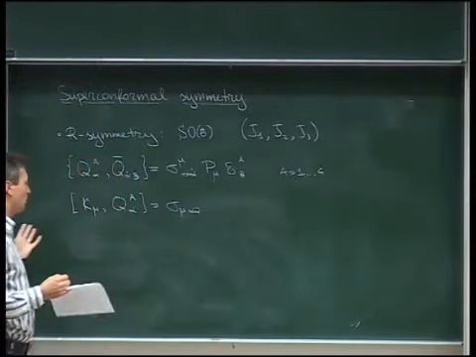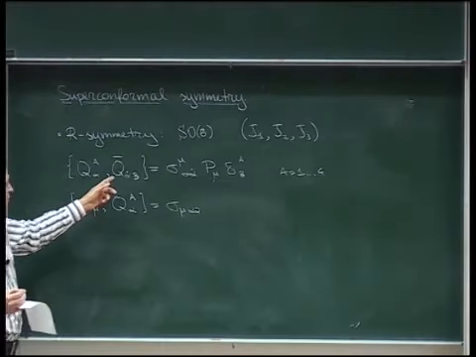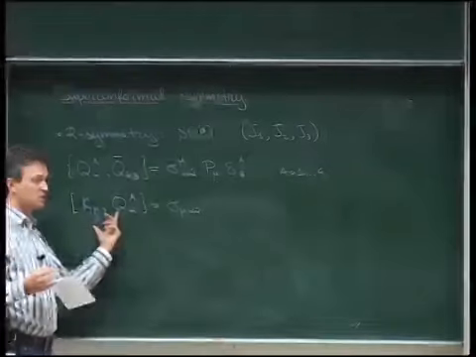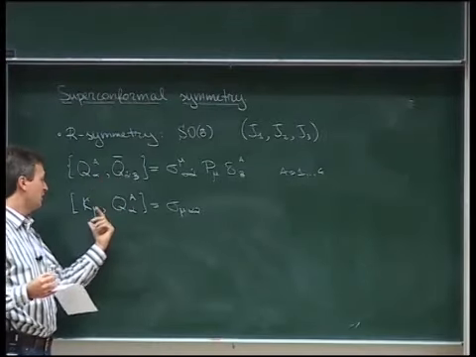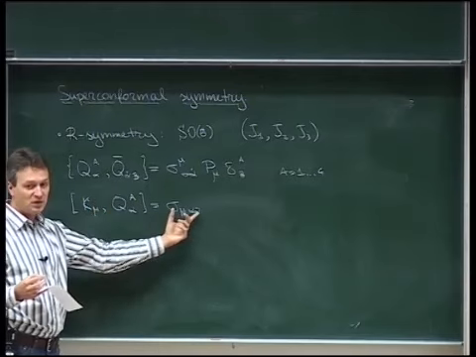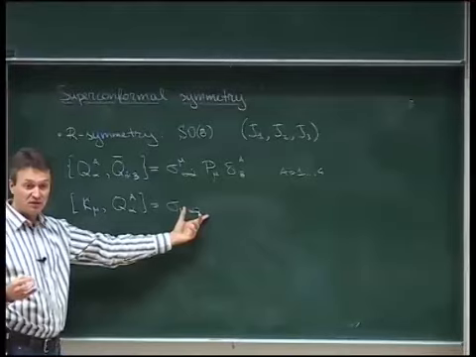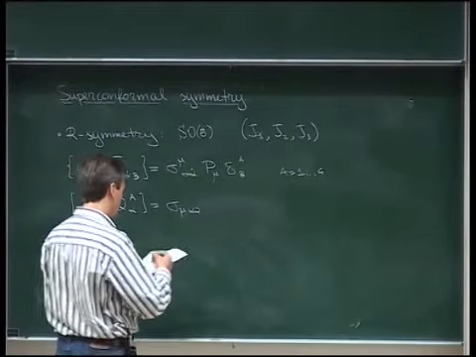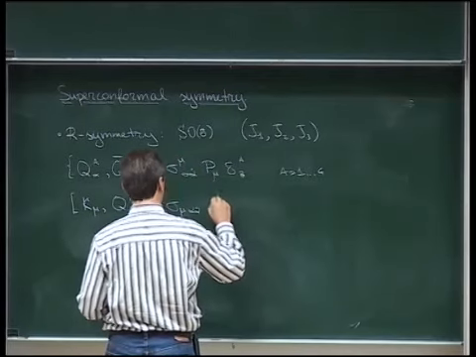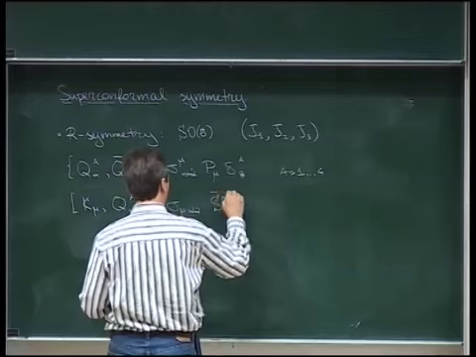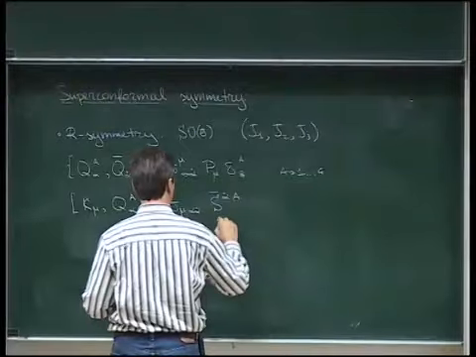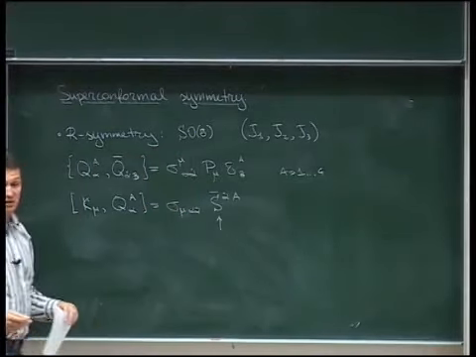One obvious guess is that it should be Q bar, but that doesn't work because Q has the same dimension as Q bar, but K has dimension -1. So we should write here some new symmetry generator, which is called the superconformal generator. And then the algebra closes.